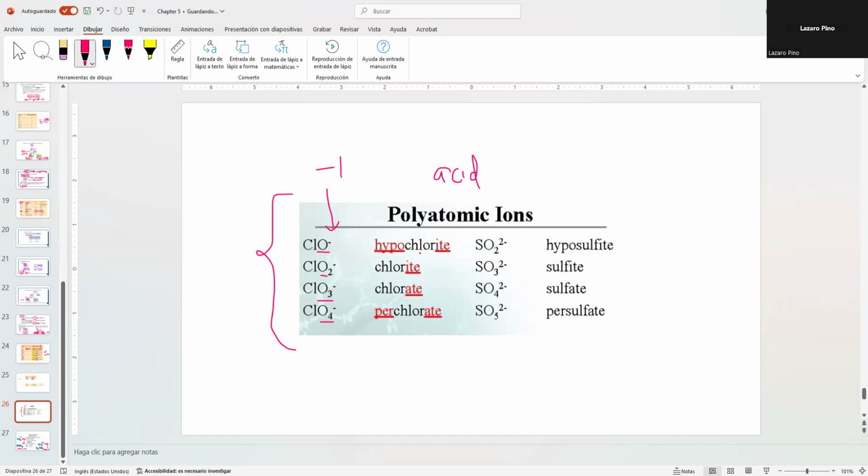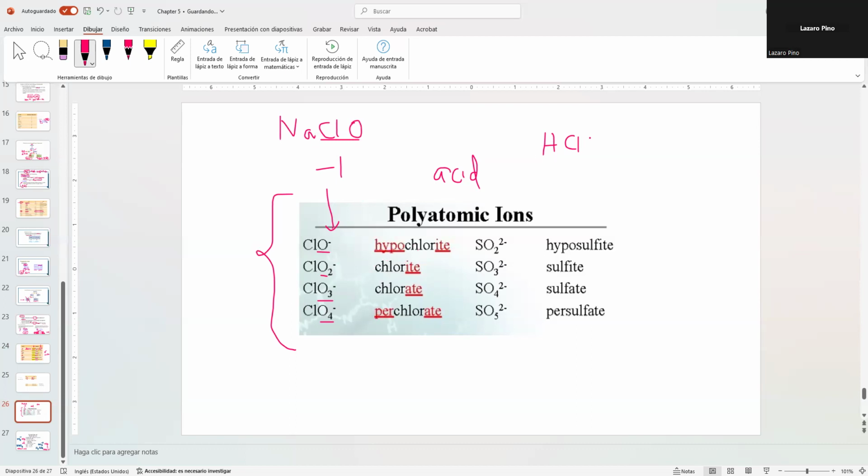Because you will say hypochlorite. In this case, if it is an acid, well, in this case, HClO. If it is a salt, with a cation that is a metal, then in this case you say sodium hypochlorite, because in this case the anion is hypochlorite.